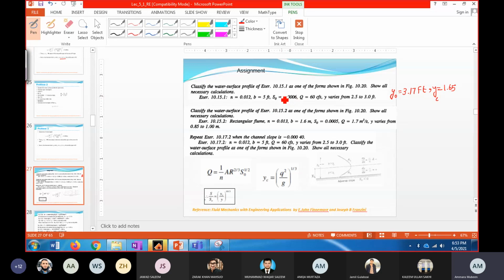So you just let me know the classification. How can we classify? As you see that Y naught is greater than Yc, we classify it as a mild slope.